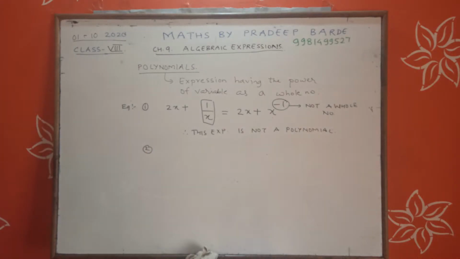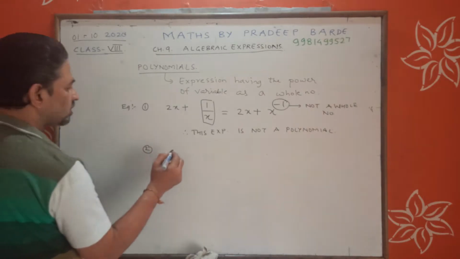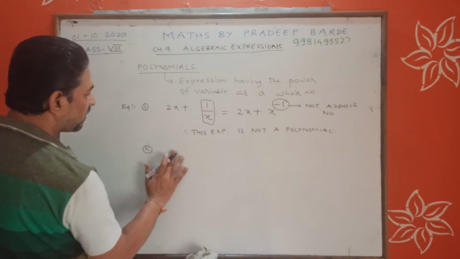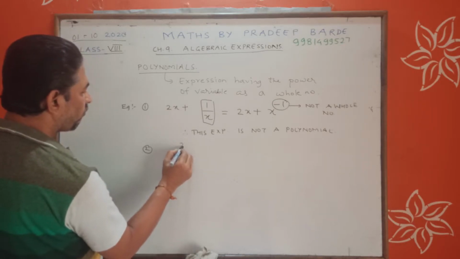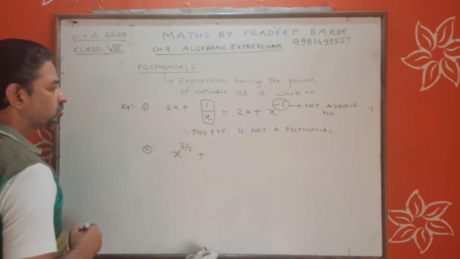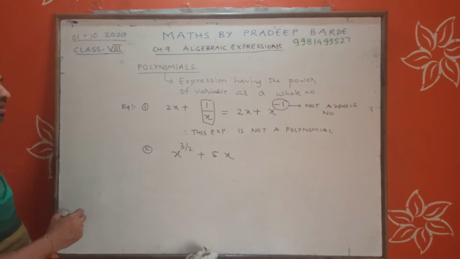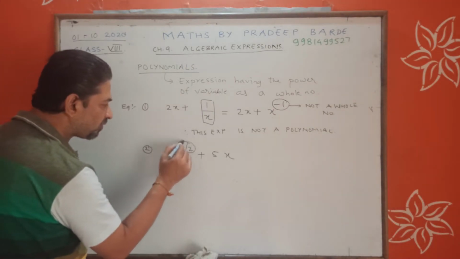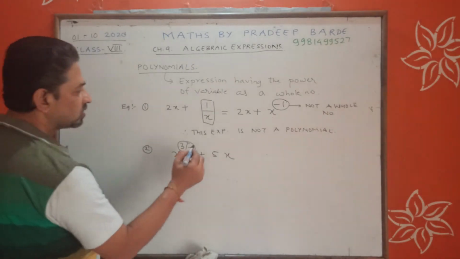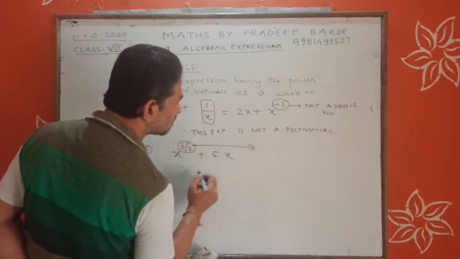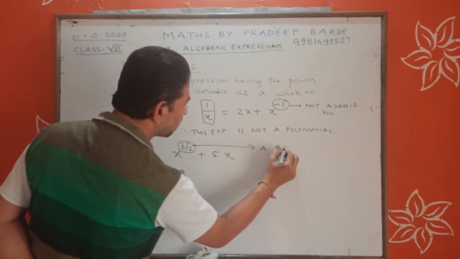Another example we can take, if you have x raised to the power 3 upon 2 plus 5x. Now again, if you see the power of x here, this is a rational number.